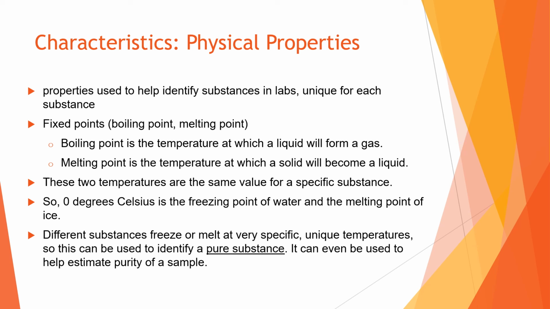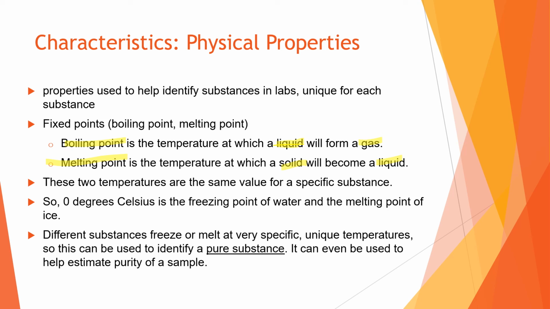These are like number values. Boiling point is the temperature at which a liquid will form a gas, so changing state from a liquid to a gas. Melting point is the temperature at which a solid will become a liquid, so changing state from solid to liquid.